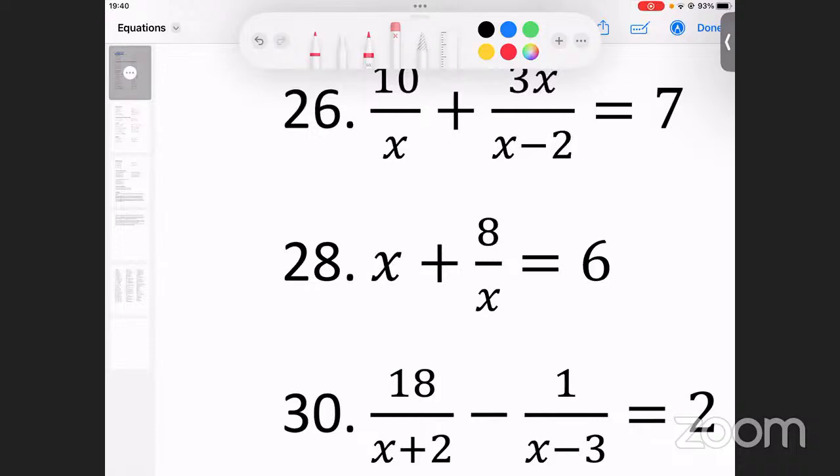I would use Tutor's method and find the LCD in this case, which I believe is x, and then I'll multiply everything by x, which will give me a quadratic equation, and then from there on I would solve for x. Exactly that, honorable member.